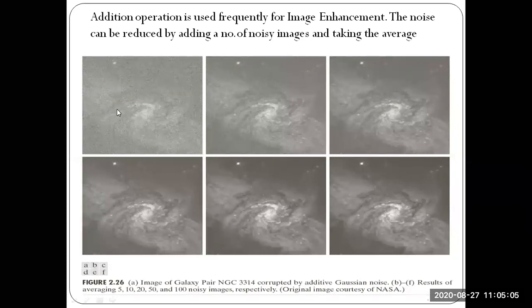The first image is the original, and from figure B onwards I am enhancing by averaging noise images: 5, 10, 20, 50, and the last one 100. With more noise images averaged, the original image is increasingly highlighted, as I am showing.